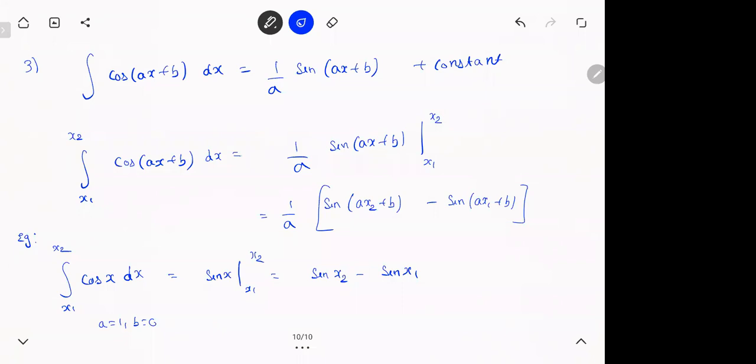This is the third formula, cos ka. The fourth one, integral e power ax. Hope you remember what is e. E is just a number, 2.713, and so on. It's an exponential.